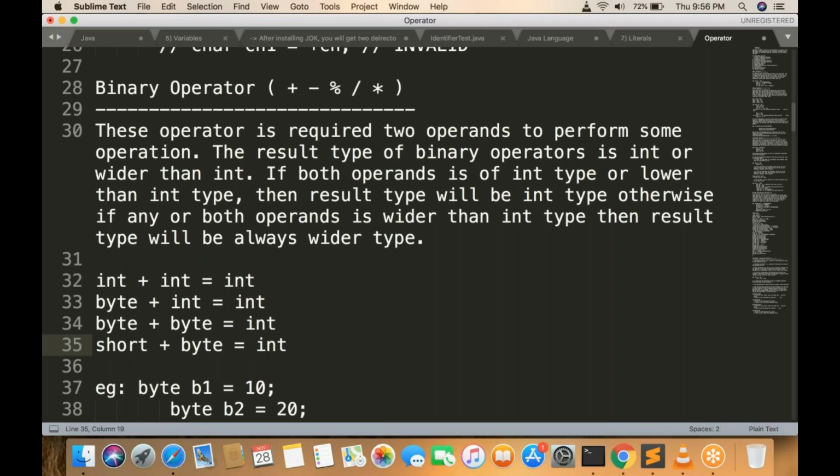Abhinay is asking whether integer range plus int range is equal to long. No, we are not talking about the range here. This is the rule of any operator available in Java.